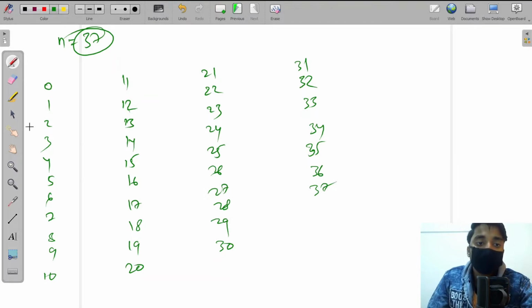This is the range, and we need to print from 2 to 37. So this is the boolean array having indexes from 0 to 37, and initially all the values are true.